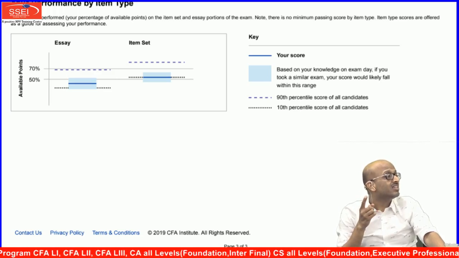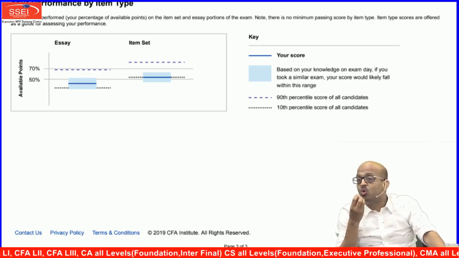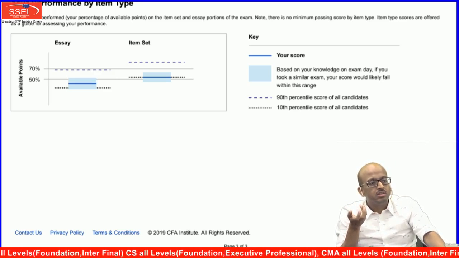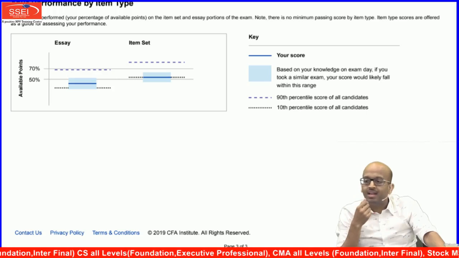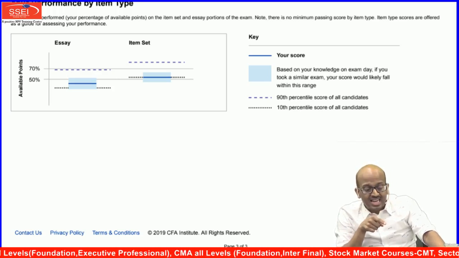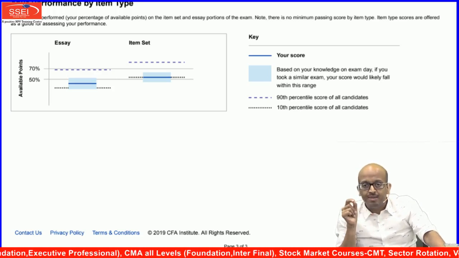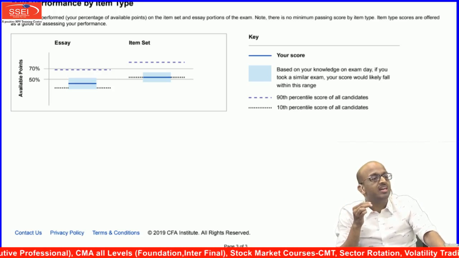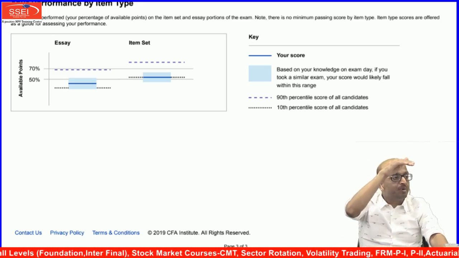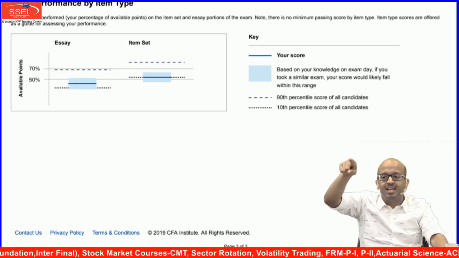Are you getting it? Which means if you are getting scores like 100 plus in the morning session, that is very good. You are among the top percentile. I hope you are clear. It is the 90th percentile dotted, deep blue line. It is just below the 70%. That 70% written is percent, not percentile.